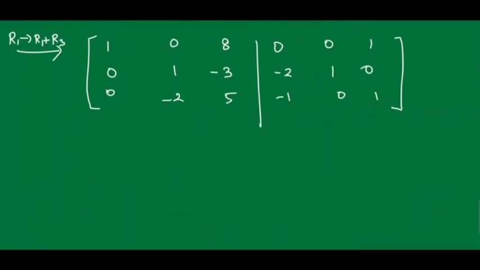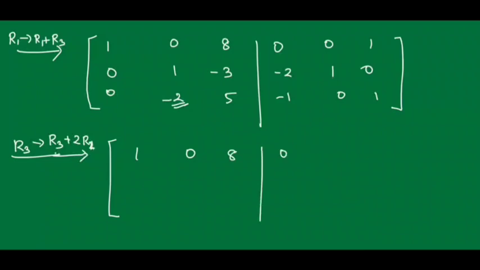The next elementary operation: I am going to change R3 to R3 plus 2 times R2. Here we are going to bring this element to 0. So the first row remains as it is, and the elements of R2 also remain as they are.